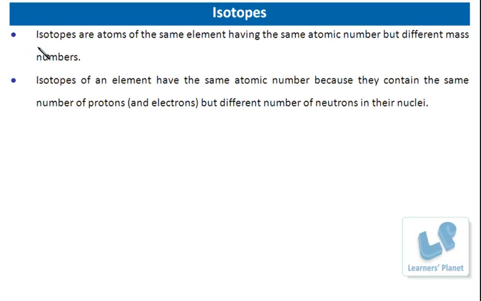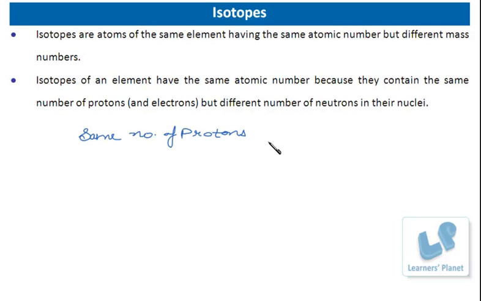What are isotopes? Isotopes are atoms of the same element having the same atomic number but different mass numbers, right? That is, they are having the same number of protons but different number of neutrons.